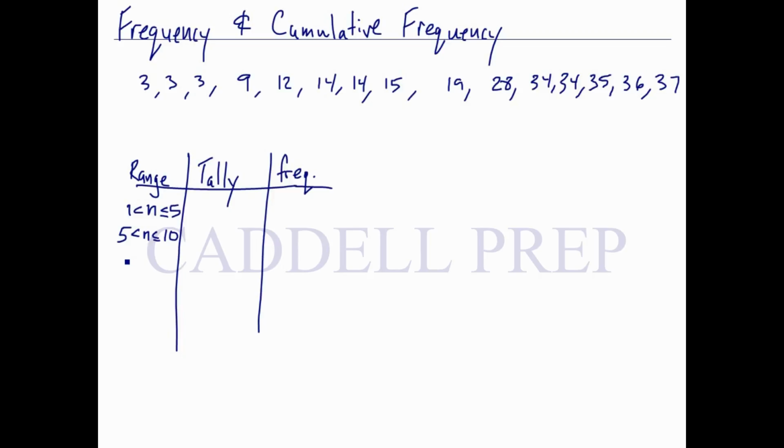Then bigger than 10 up to 15, then 15 up to and including 20, 20 up to and including 25, then greater than 25 up to and including 30, 30 up to and including 35, and then it goes up to 37, so we'll go up to 40.